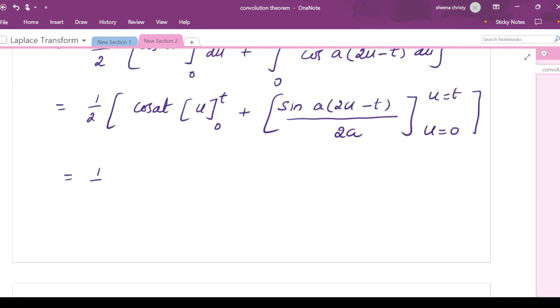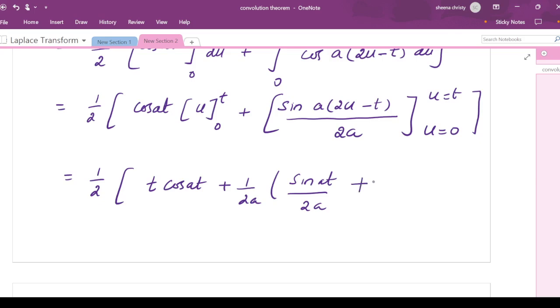Now 1 by 2 times of, when you are putting u equal to t, you will get t cos at plus 1 by 2a into, put u equal to t, you will get sine of 2at minus at, so sine at by 2a. Then put u equal to 0, you will get sine of minus at. Sine of minus theta is minus sine theta.